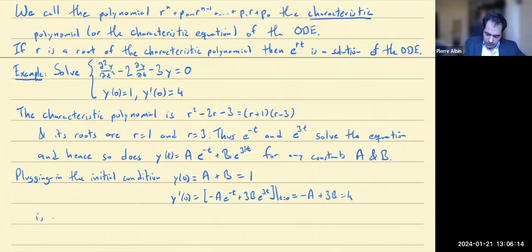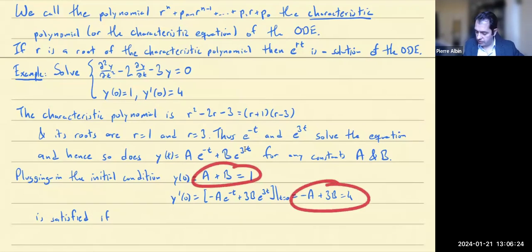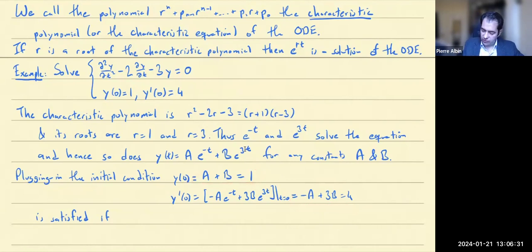Okay, so we just need to solve this equation and this equation. So notice that if I were to add them together, the a's would cancel, and I would get 4b equals 5. And then I can solve for a from the first equation and get minus 1/4. Right, so if a is minus 1/4 and b is 5/4, this is satisfied.